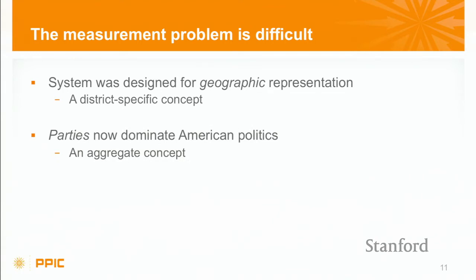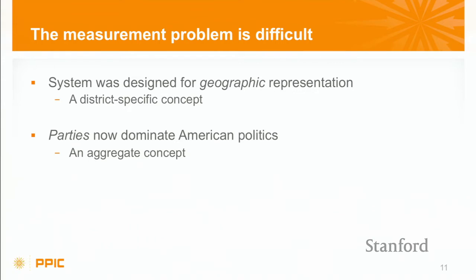But everybody knows that's not really how politics works. It may be kind of how people imagine politics in a party-free environment when the system was designed, but that's not actually how politics operates. Instead, parties dominate politics. And parties are an inherently aggregate concept.